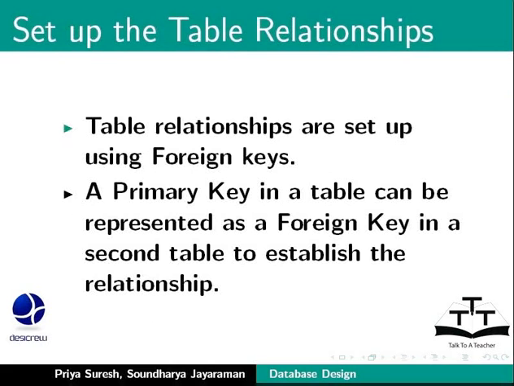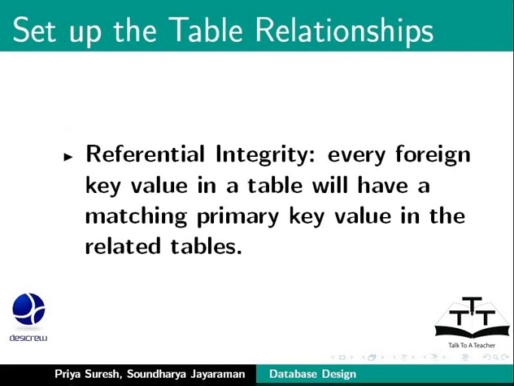So, a primary key in a table can be represented as a foreign key in a second table to establish the relationship. Thereby, we enforce referential integrity, meaning every foreign key value in a table will have a matching primary key value in the related tables.